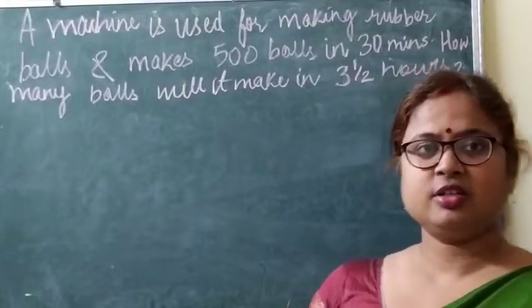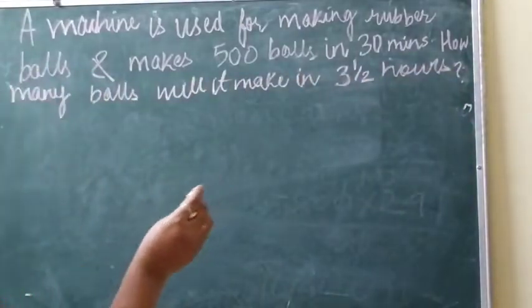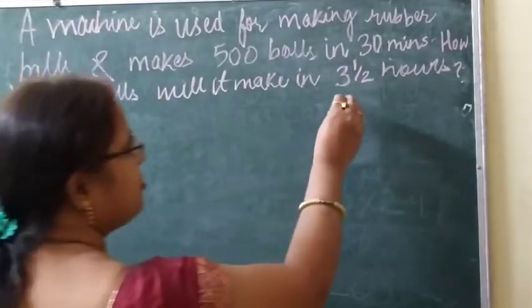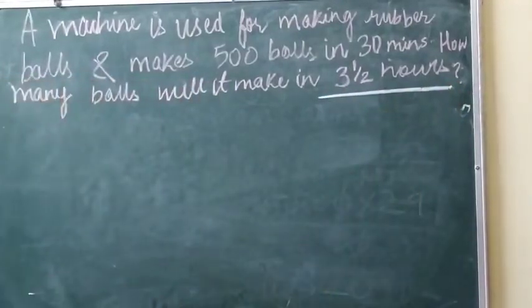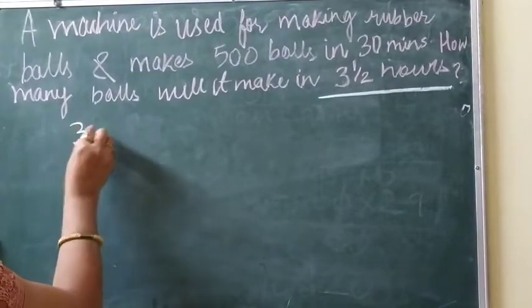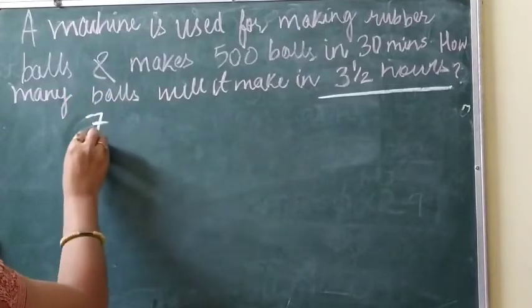Now the next question is, a machine is used for making rubber balls and makes 500 balls in 30 minutes. How many balls will it make in 3 1/2 hours? So let's first change this 3 1/2 hours in minutes. So you know 1 hour is equal to 60 minutes. So 3 1/2 directly we can write what? 7/2 hours.